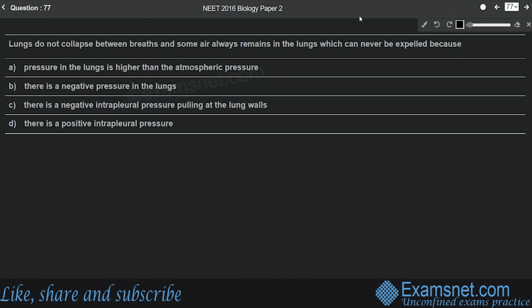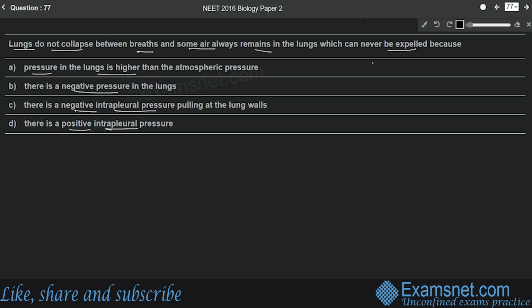Question number 77 is from the chapter Breathing and Exchange of Gases, and the question is lungs do not collapse between breaths and some air always remains in the lungs which can never be expelled because option A, pressure in the lungs is higher than the atmospheric pressure, option B, there is a negative pressure in the lungs, option C, there is a negative intrapleural pressure pulling at the lung walls, and option D, there is a positive intrapleural pressure.